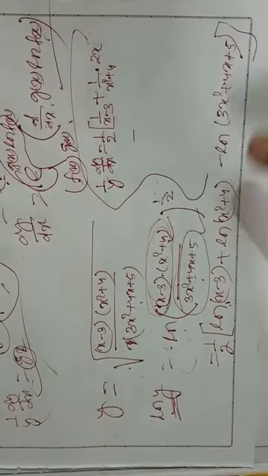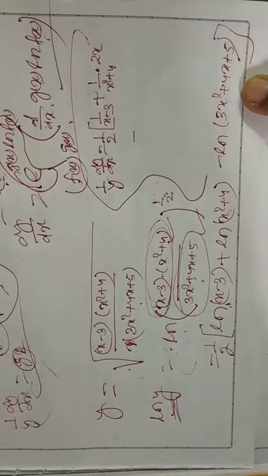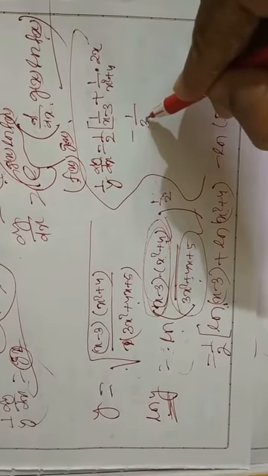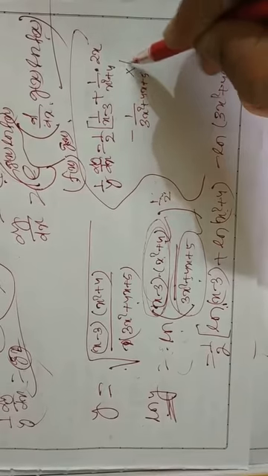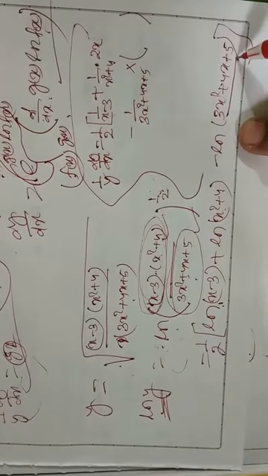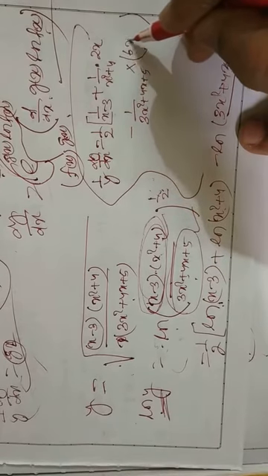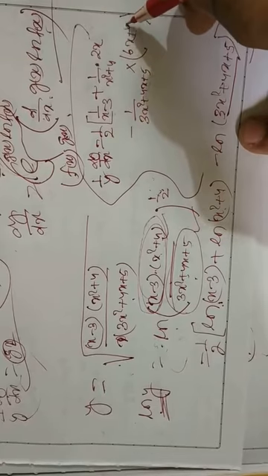Minus log of 3x square plus 4x plus 5, whose derivative is 1 by 3x square plus 4x plus 5 into the derivative of the thing inside, which is 6x plus 4: 3 into 2x for 3x square, and 4 for 4x.